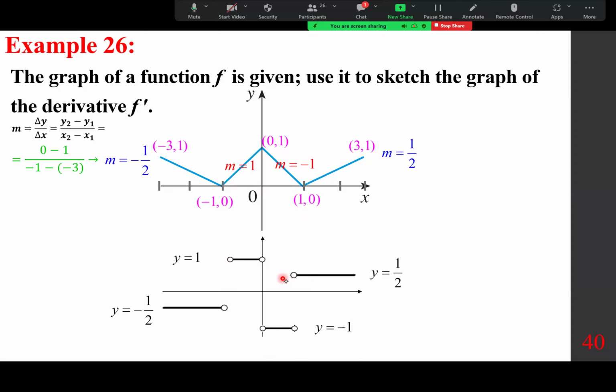That's how you come up with those answers. So that's the final answer.